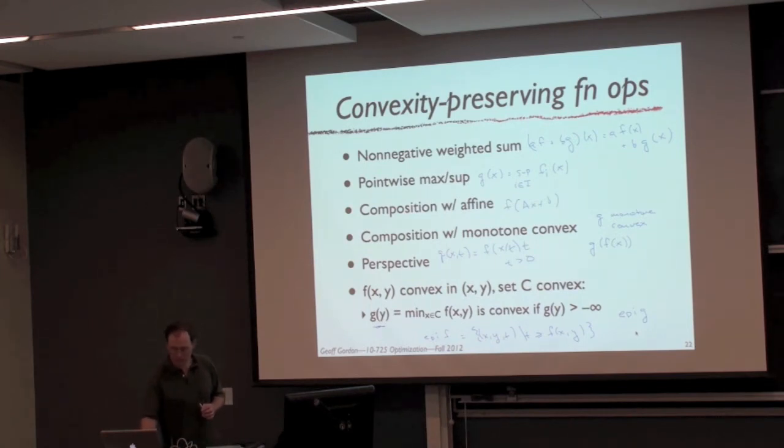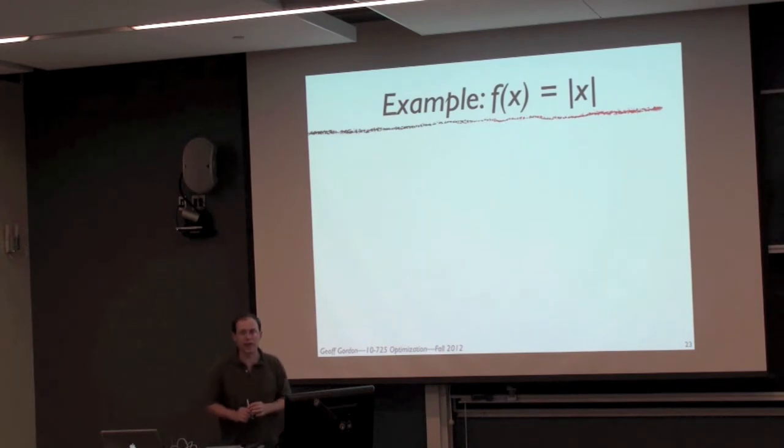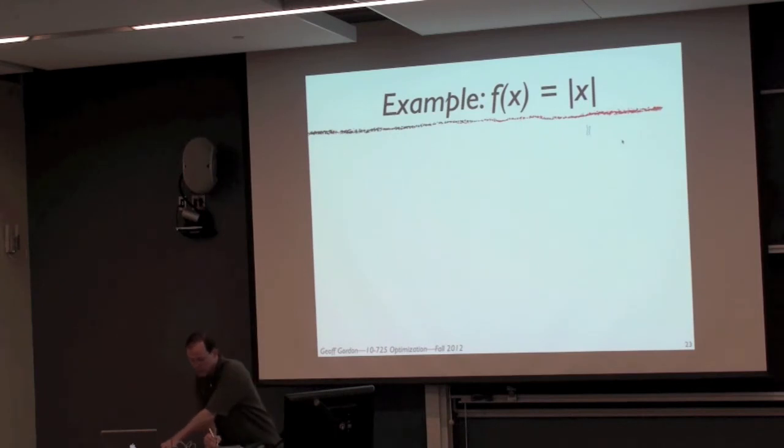All right. So maybe a much simpler example is the absolute value function. Maybe I should have done this one first as a warm-up, but we know that the absolute value of x is bigger than or equal to x. We also know that the absolute value of x is bigger than or equal to minus x. So if I take the absolute value of tx plus (1 minus t)y, let's do a case analysis.